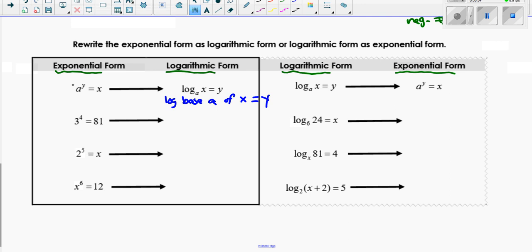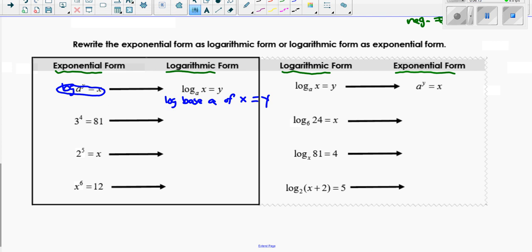Okay? And the way that that's obtained, I always look at it this way, and I always add a log to this. And then you can see that if I circle this, notice all three of those things are in the same level, the log, the a, and the x, which is why they're grouped together as log base a of x, and then it's always equal to your exponent.